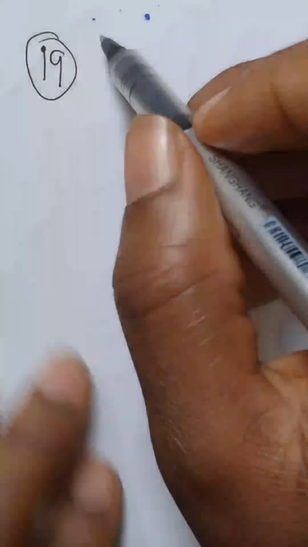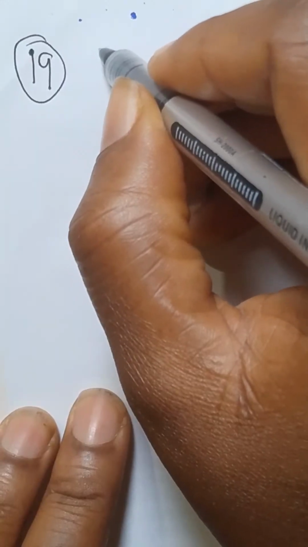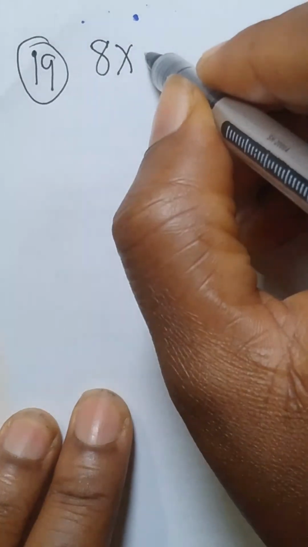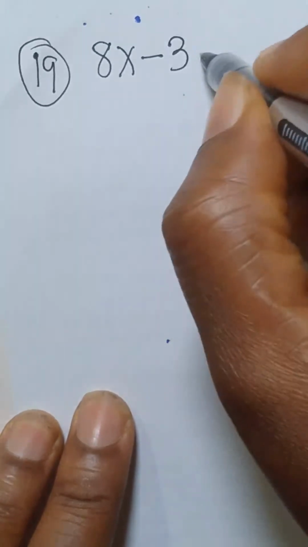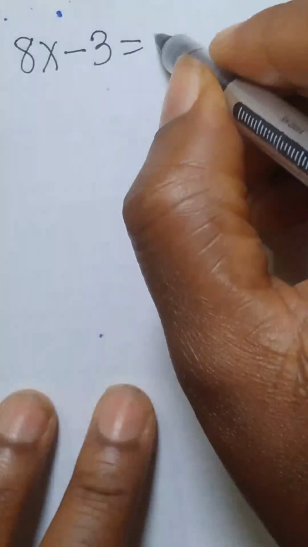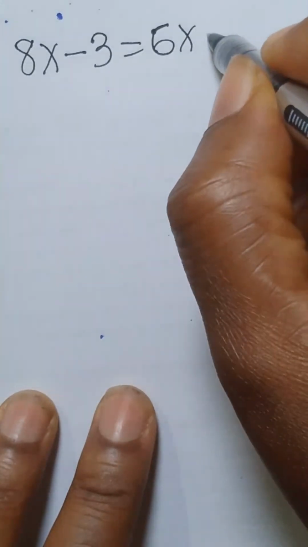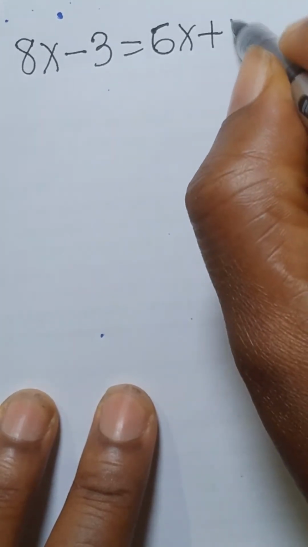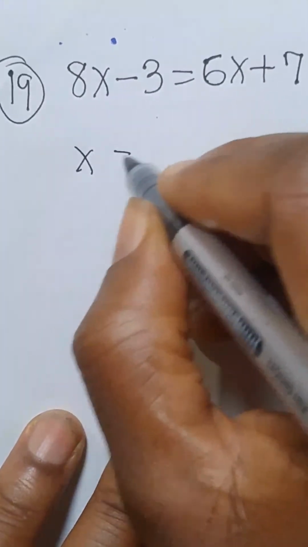So question number 19, we have 8x minus 3 is equal to 6x plus 7. Okay, x is equal to what?